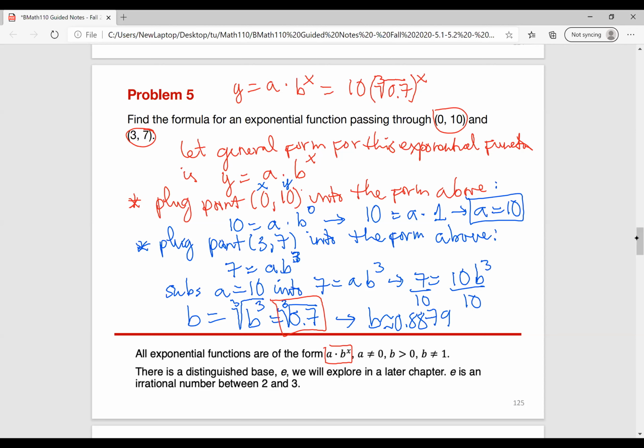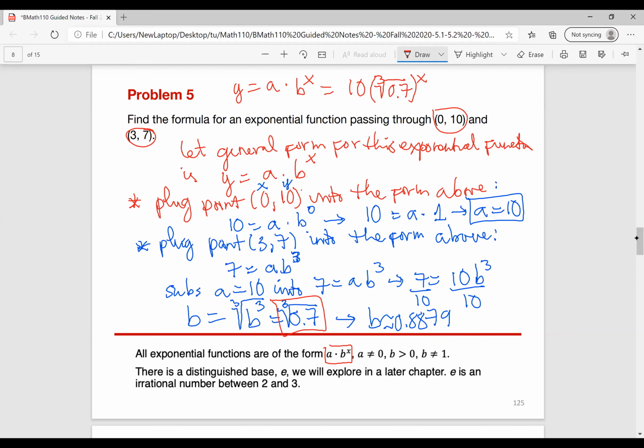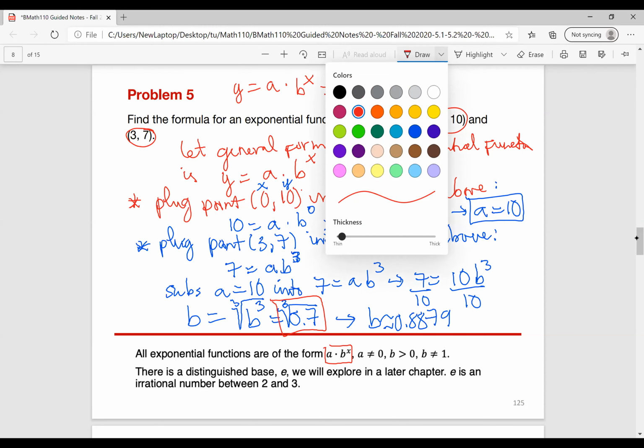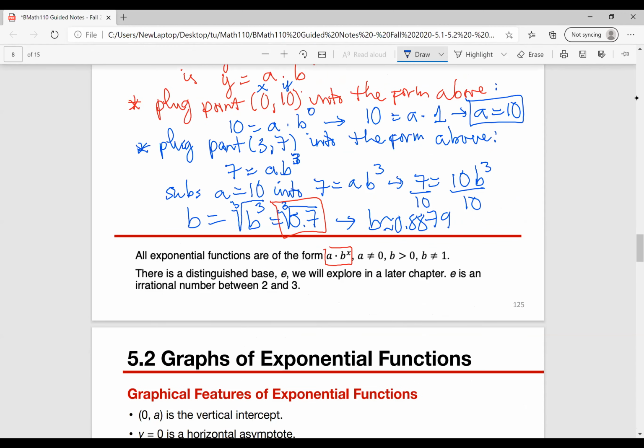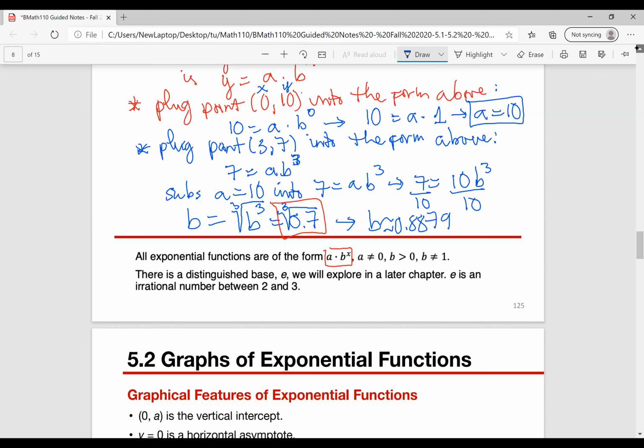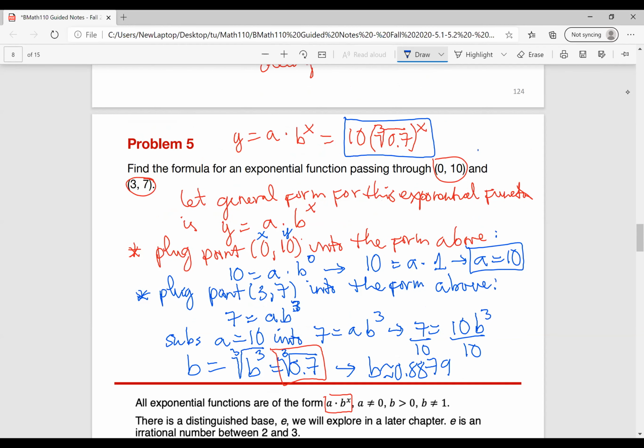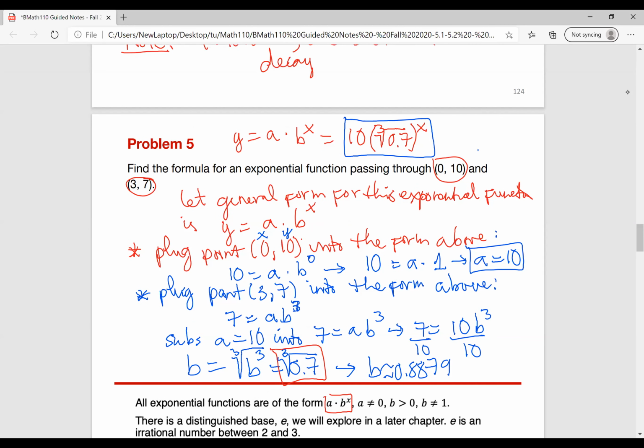Let me circle it. So this should be section 5.1, and that's it. I will stop now for this, and I'm going to talk about 5.2 later.